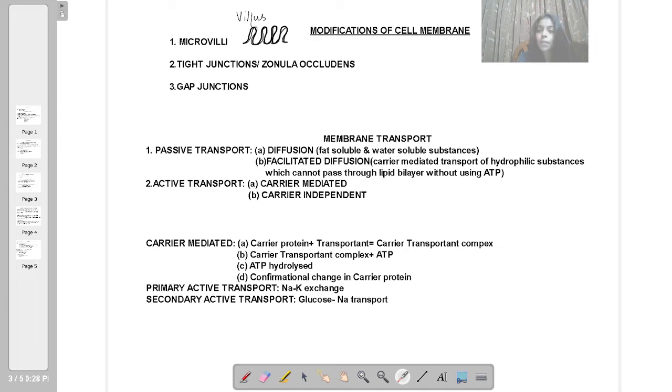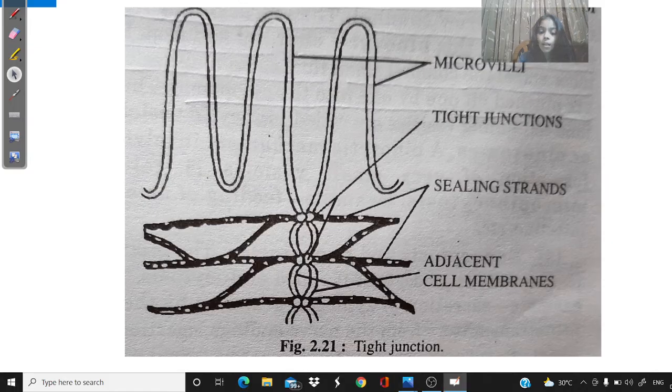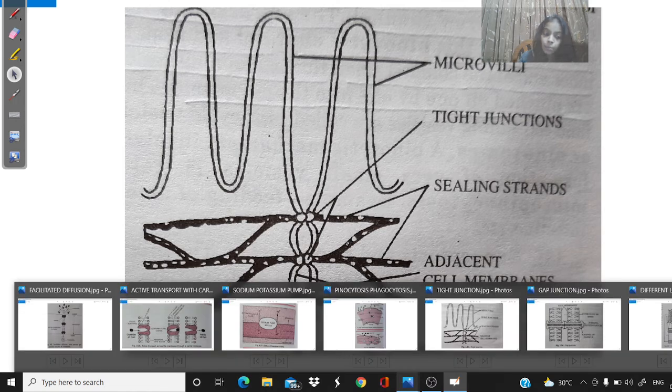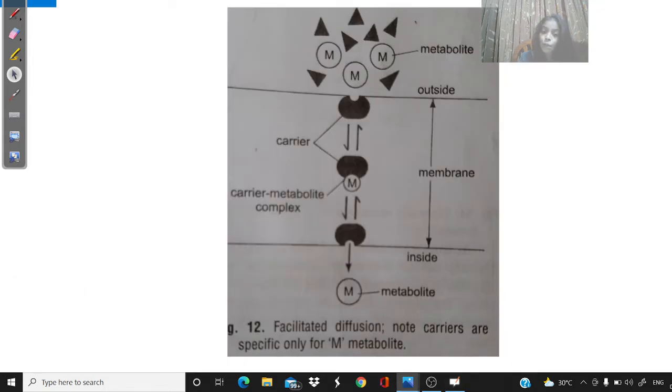So we can refer to certain images like this one. Facilitated diffusion. What is being shown over here? This is a metabolite. What is a metabolite? A metabolite is any substance which is formed as a result of metabolism.